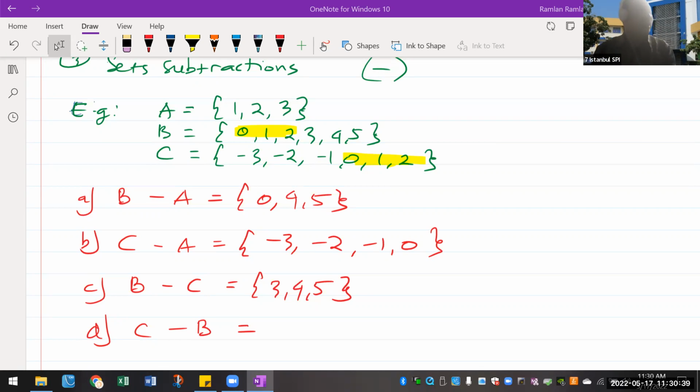I would like you to answer this question first. What are the elements of C minus B? Just write a curly bracket, then the elements, then close the curly bracket. Please, I have given you the examples.